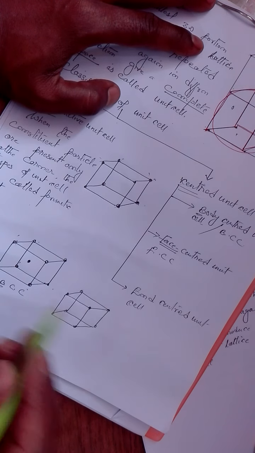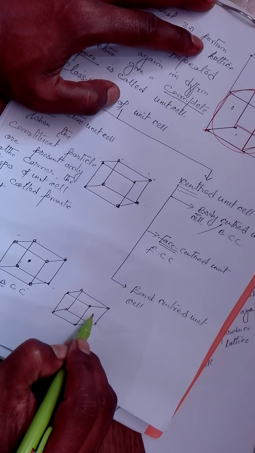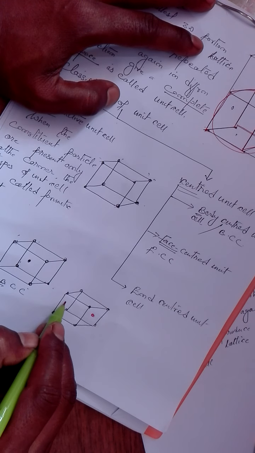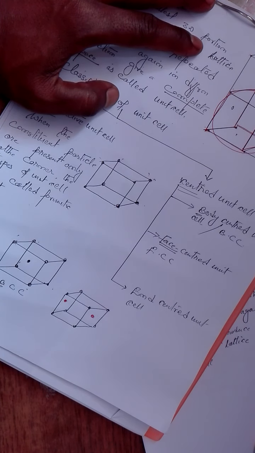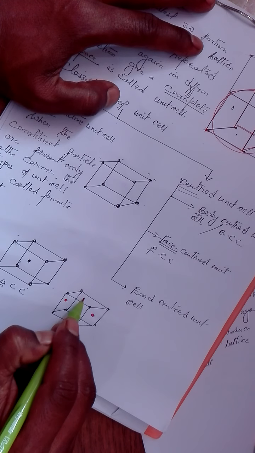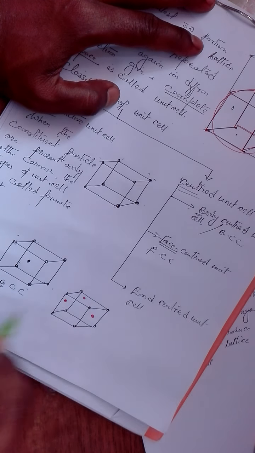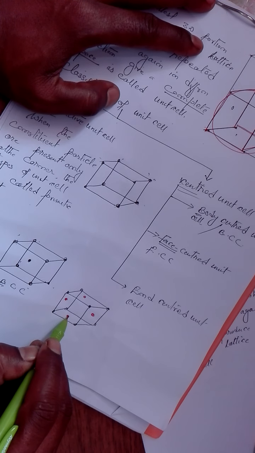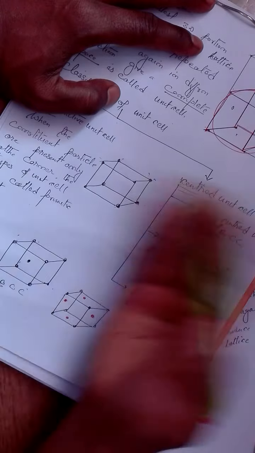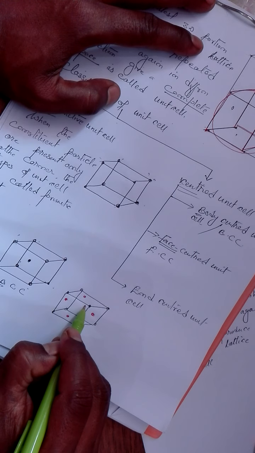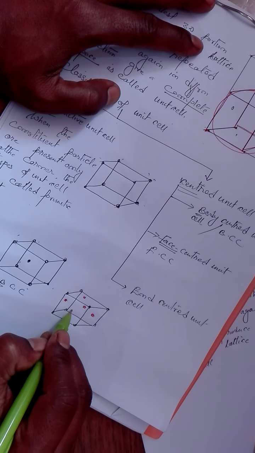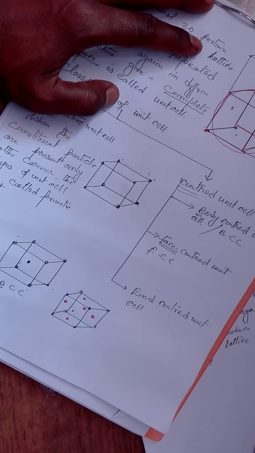Now, apart from these 8 constituent particles present at the corner, if it contains one constituent particle at the center of each face, say this face, there is one extra constituent particle. This face, one extra constituent particle. The face above, one extra constituent particle, and this face below, one extra constituent particle. That face which is behind, I'll represent here, one extra constituent particle, and the face towards the viewer, I'll put here one extra constituent particle.